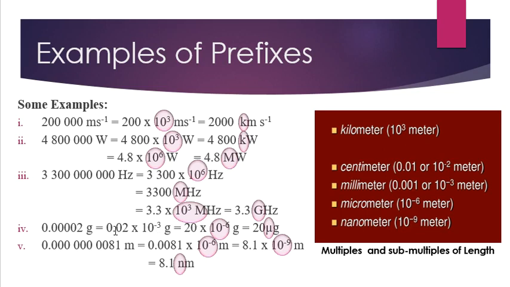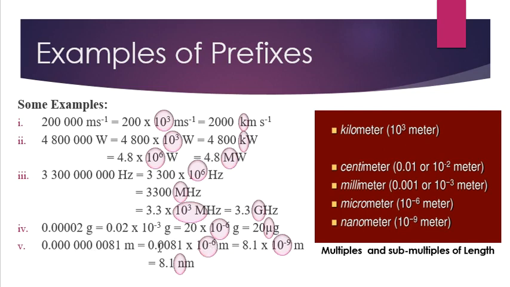So if I again move these decimal points further by 3 digits, it would be 20 into 10 raised to power minus 6 grams, which would be 20 micrograms. Now let us look at the last example. So if I move this decimal point, like from 1, 2, 3, 4, 5, 6, it would be 0.0081 into 10 raised to power minus 6 meter.